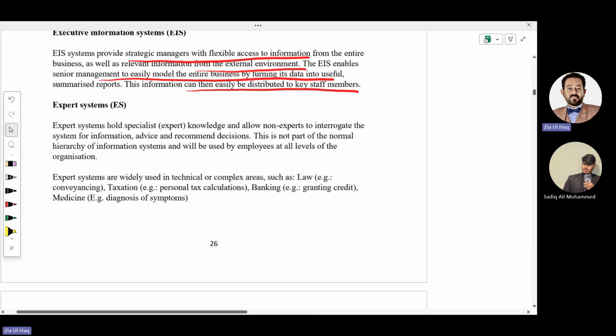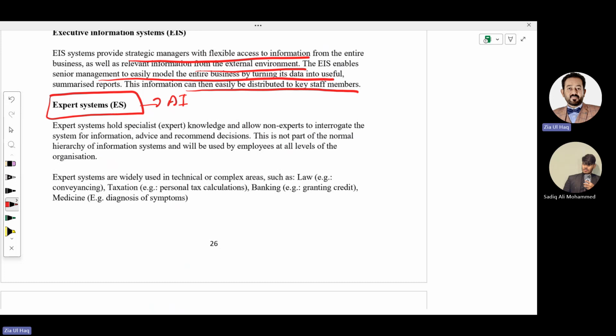Now we are moving towards the fifth system, which is called the expert system. What is an expert system? It is an artificial intelligence system that works just like human beings. An expert human being: how do we, as human beings, make decisions?